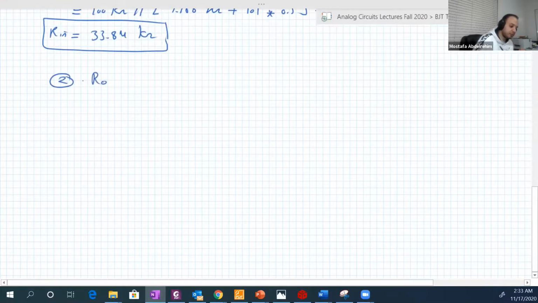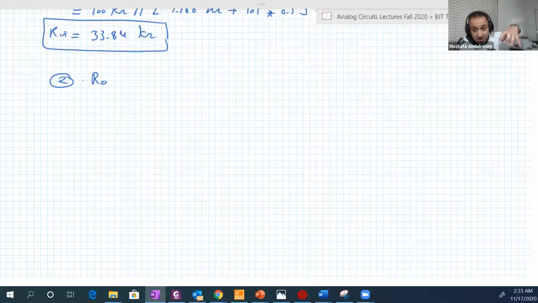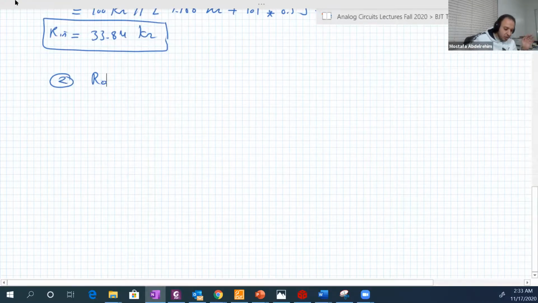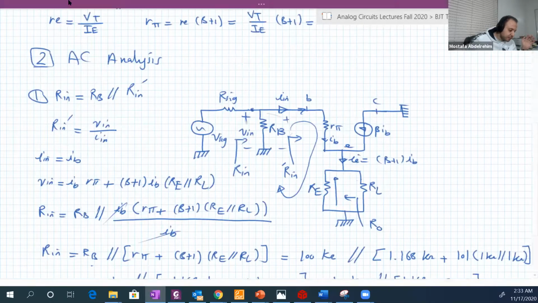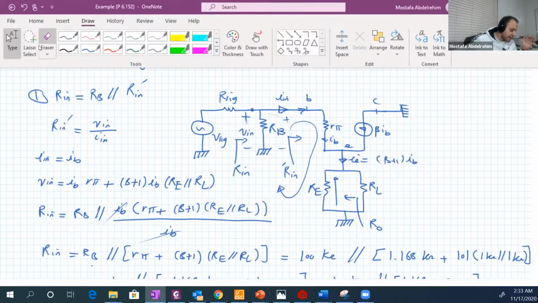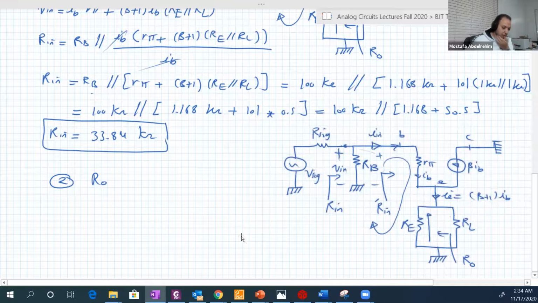RO. RO is the resistance seen by RL. So we're gonna remove RL and put a test voltage source, VX IX, some imaginary voltage source, and RO will be VX over IX. Good. So we're gonna draw the same circuit again. So I'm just copying it and paste. Good.